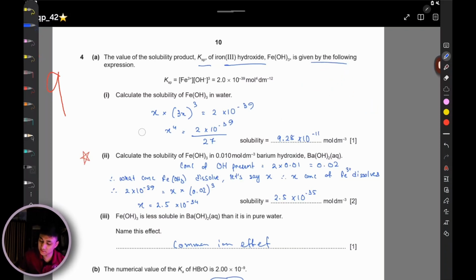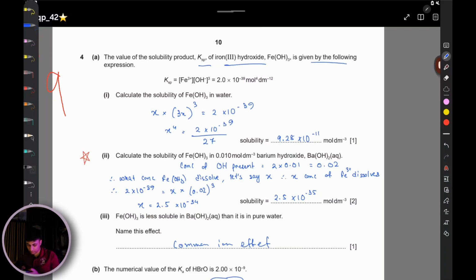Okay, so this part is easy. Now you're basically going to make x the subject, that is x to the power 4, and 3 to the power 3 is 27. Make x the subject, and the value of x is going to be what? Let me figure this out once again.